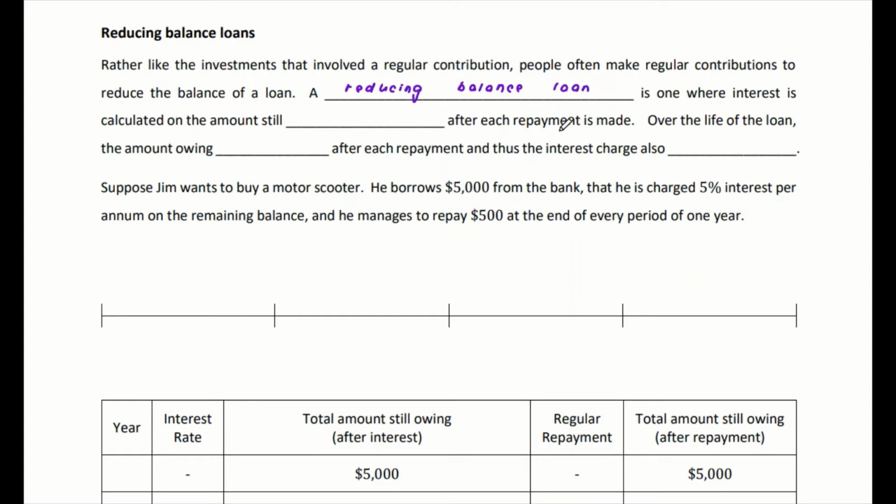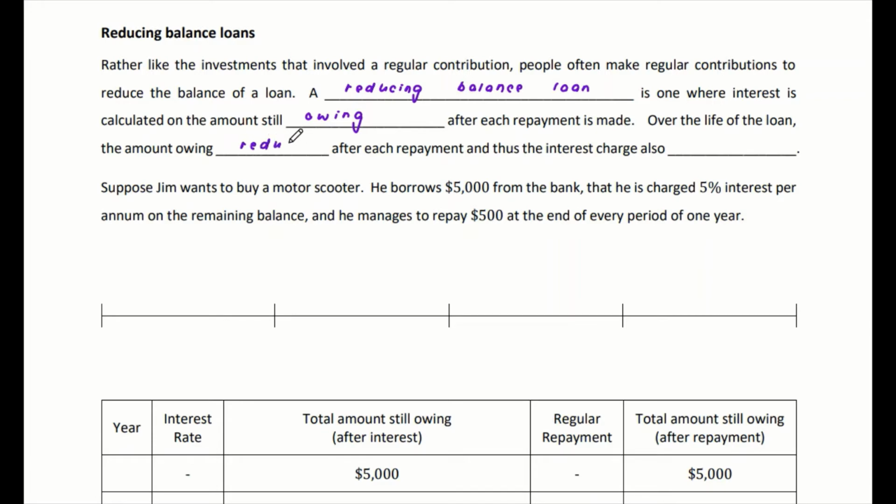A reducing balance loan is a loan where the interest is calculated on the amount of money that's still owing after each repayment is made. Imagine you borrow some money and the bank generates interest. If your repayment is higher than the interest generated, then over the life of the loan the amount that you owe is reducing.